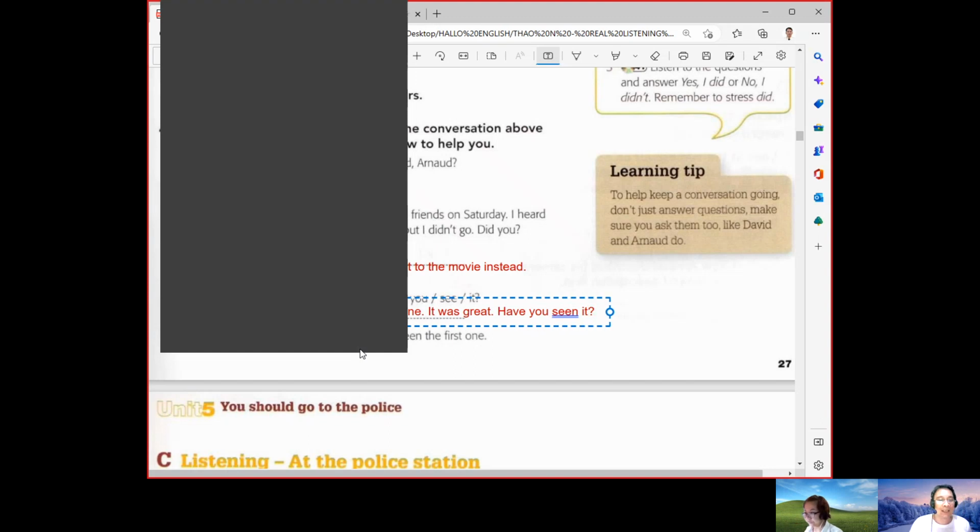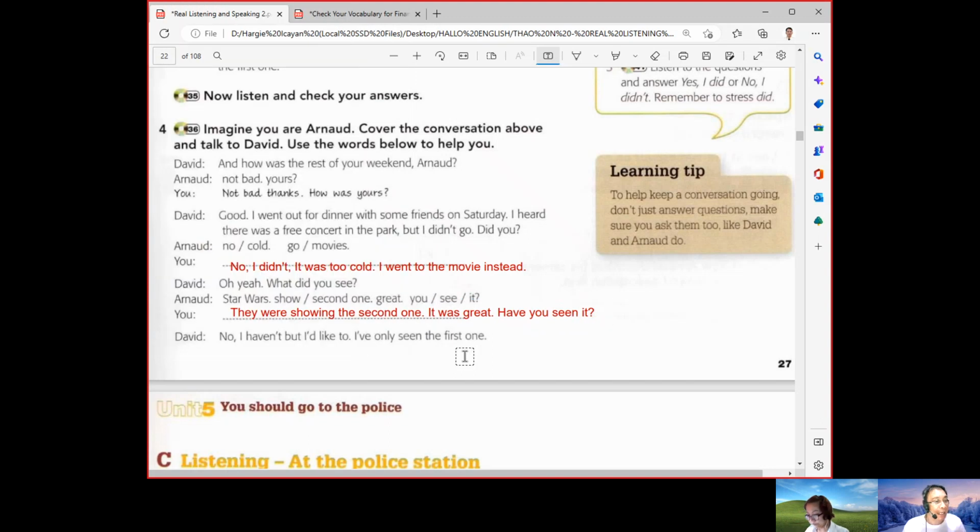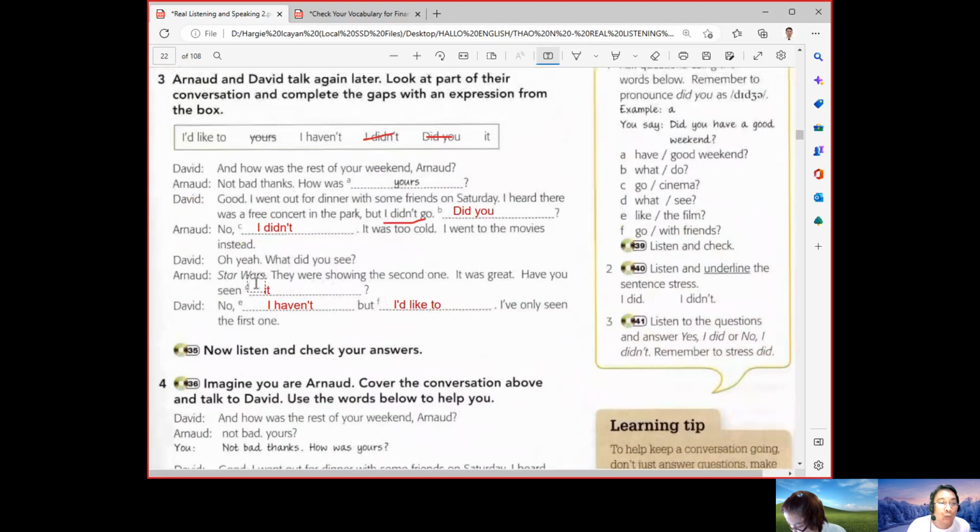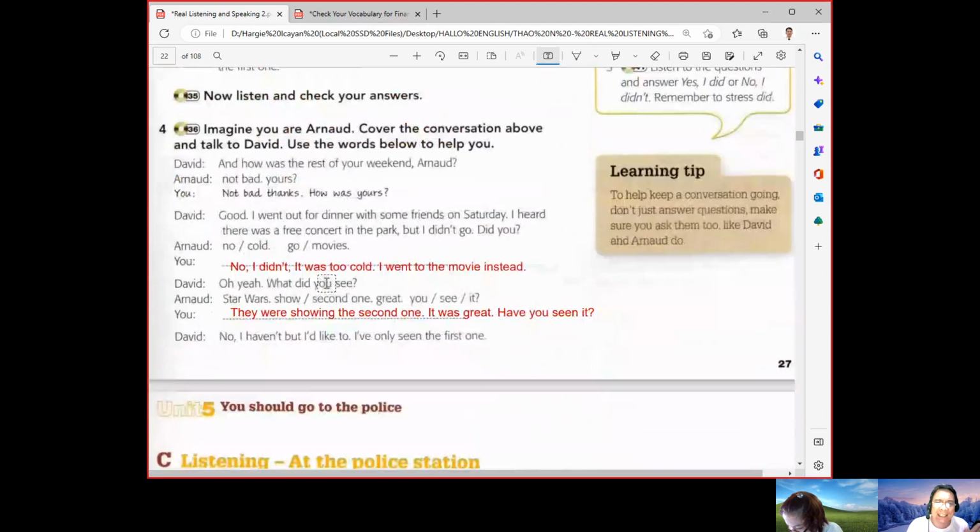Yes. Okay, so that would be it. Now, again, Tao, even if it's not the same as this conversation, you can still make your own, right? Okay. Then after that, no, I haven't, but I'd like to. I've only seen the first one.